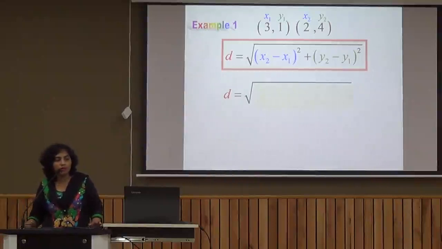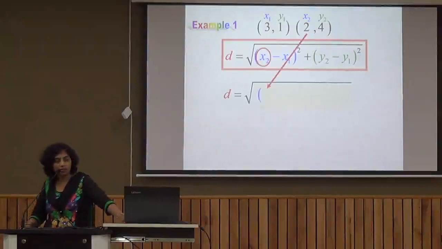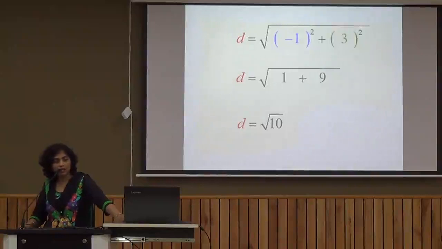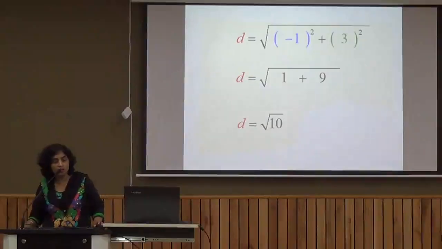According to the formula, (x2 minus x1) whole square plus (y2 minus y1) square, we have x2 as 2 and x1 as 3. So (2 minus 3) whole square plus (4 minus 1) whole square, and we get (minus 1) whole square plus 3 whole square, and 1 plus 9 is equal to under root of 10 units. So the distance between the two given points is under root 10 units.